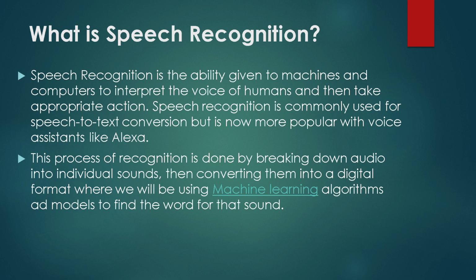It also includes its own algorithms where it can think in a humanly way and do stuff for the computer. This process of recognition is done by breaking down audio into individual sounds. In English we have lots of vowels and other sounds.